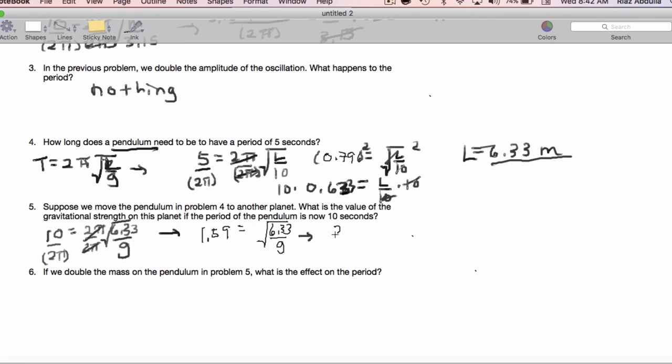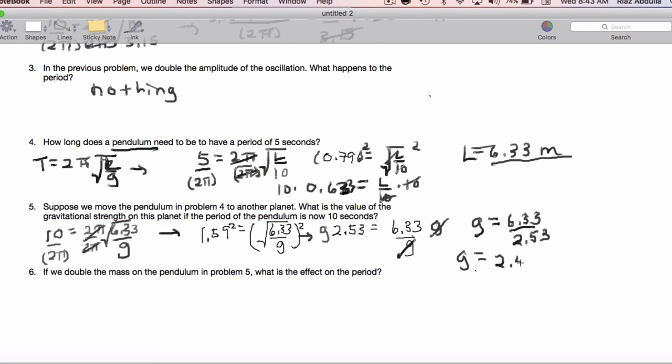So 2.53 equals 6.33 divided by g. All I did here is square this side and square this side. Now we're going to multiply both sides by g, and that'll cancel. And so g is going to end up being 6.33 divided by 2.53. That's going to give us a g value of about 2.5, roughly speaking, meters per second squared when I round.